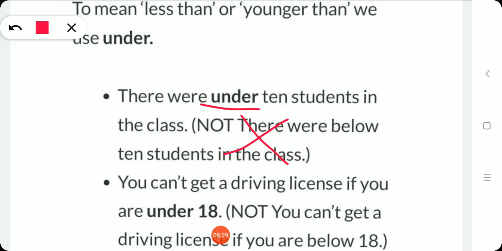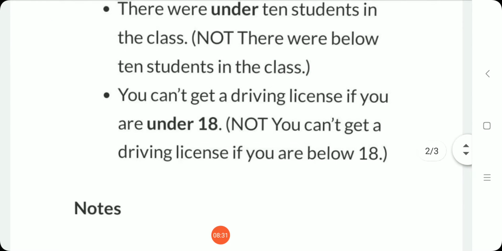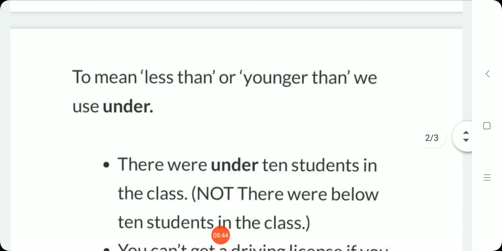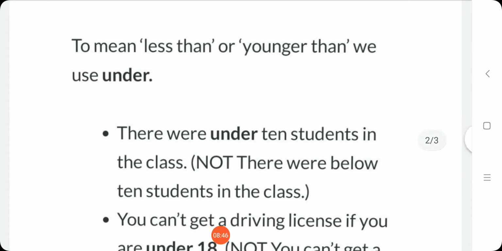Okay, next one. You can't get a driving license if you are under 18. Not, you cannot get a driving license if you are below 18. So நம்ம இப்படி யூஸ் பண்ணக்கூடாது. That is for referring to something which is less than or younger than. Less than or younger than mean பண்ற எதுக்குமே நம்ம below யூஸ் பண்ணக்கூடாது, we have to use under.